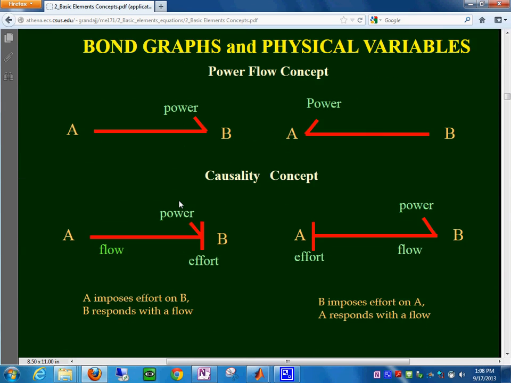Okay, let's go over here to this concept of power flow and the causality. I already outlined this causality a little while ago when I showed you that slide of the equivalency. In this case, if you only draw this half arrow in there, it indicates the way power flows.